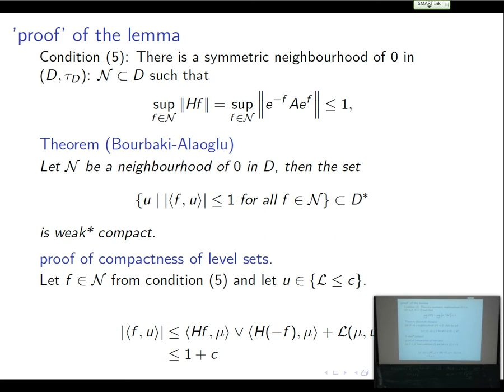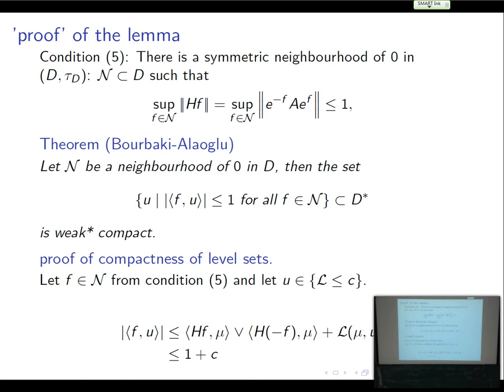Well, simply by the fact that L is the Legendre transform of H, I know that f comma mu, without the absolute values, is bounded above by H of f comma mu plus the Lagrangian. Now, of course, I can do the same with a minus, and then I'll get H evaluated in minus f.